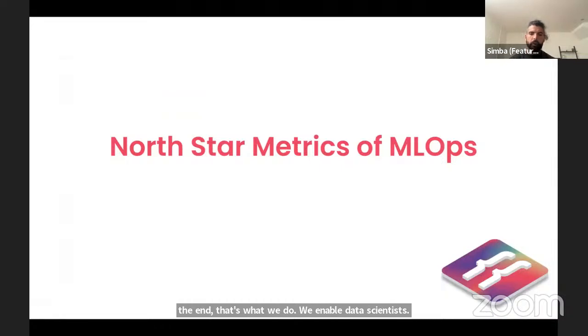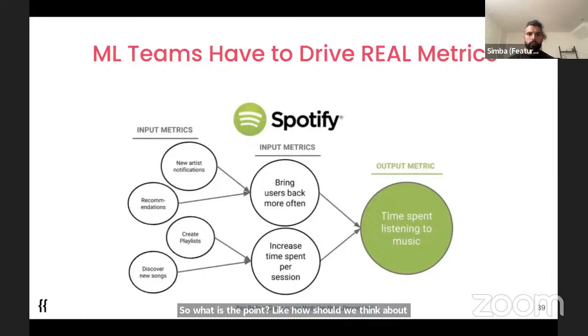Which gets to my next point, which is that the point of MLOps is not to deploy every shiny new tool. So what is the point? How should we think about MLOps? Well, firstly, the most important piece is that MLOps enables ML teams. Now, for MLOps to make sense, the ML team has to make sense. So ML teams have to be driving real metrics.